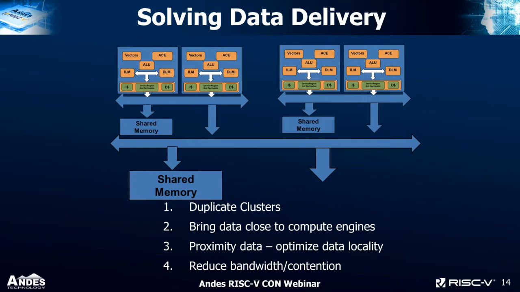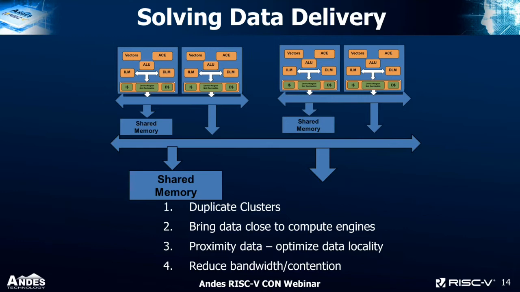So use the proximity, use the data locality, optimize that. And lastly, reduce bandwidth contention. Having local caches in the CPU is great. Secondary shared memory or level 2 caches is also a good solution to reduce moving data unnecessarily.